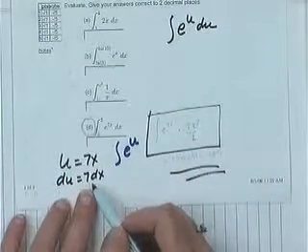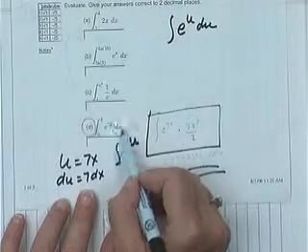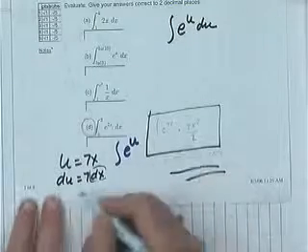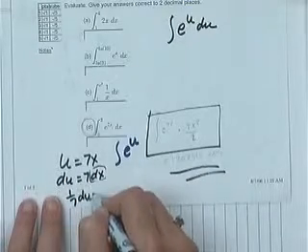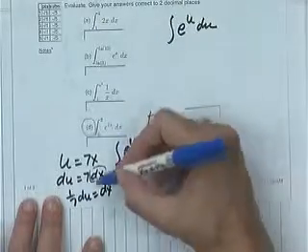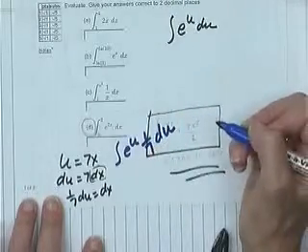Once you find your derivative, what do you need to be careful to do? I've got a dx, so I need to solve this for dx. So 1/7 du is dx. In the place of dx, I'm going to put in 1/7 du.